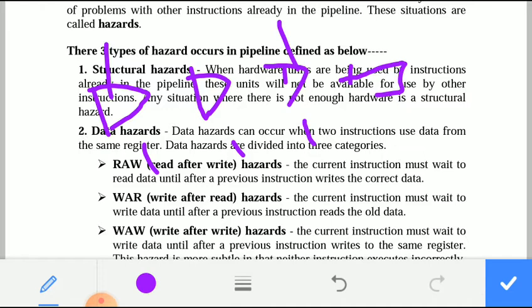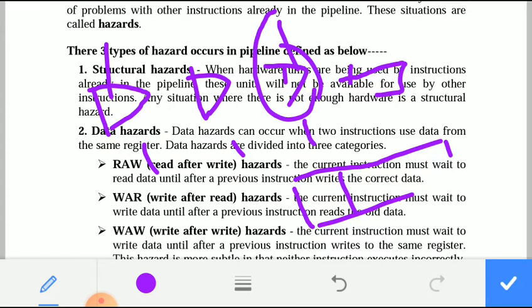So during this fetching time, the address bus and data bus are used. If another instruction I3 starts from this place, that means when the first instruction is executing fetch operand, at the same time fetch instruction wants to be performed by I3.